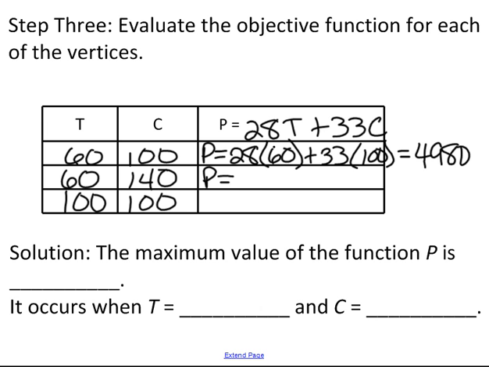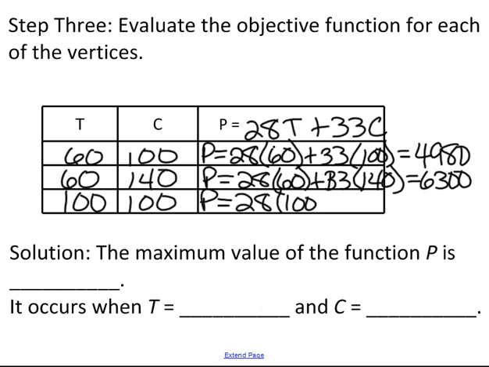The next one, profit 28 times 60, plus 33 times 140, gives us 6,300. Okay, and the last one, 100 and 100. So 28 times 100, plus 33 times 100, gives 6,100.